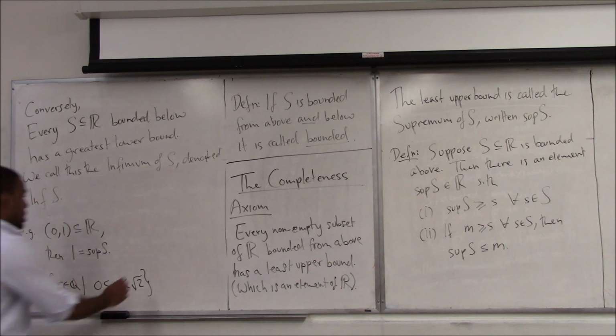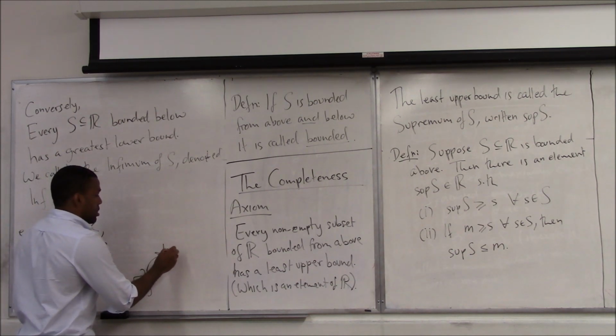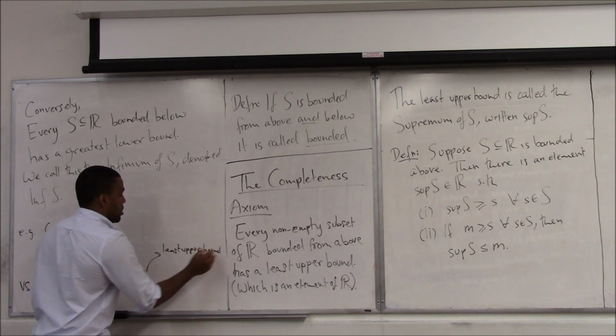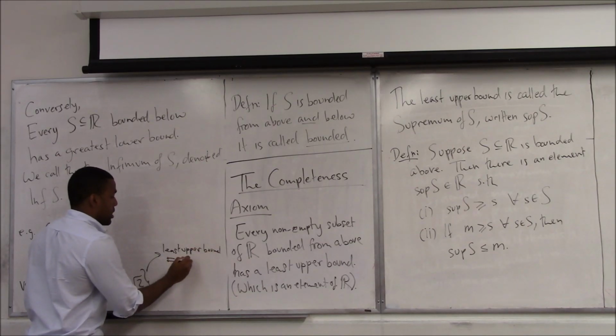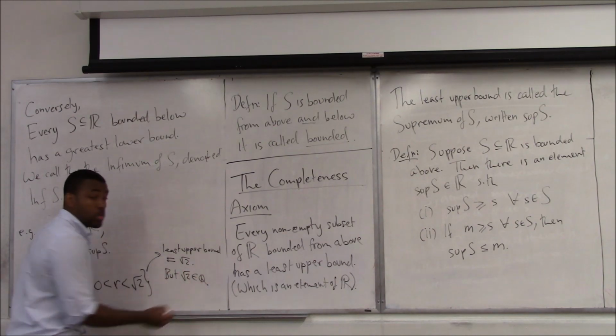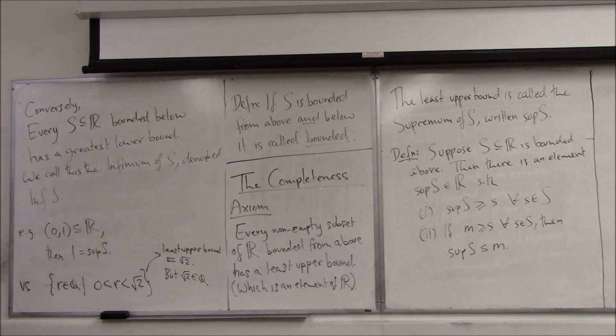Here, the least upper bound is radical 2. But we've proven many times by now, radical 2 is not a rational number. So that's the difference between R and Q. I can look at subsets of R that are bounded, and I would be able to find a least upper bound that's still in R. For Q, that's not doable.